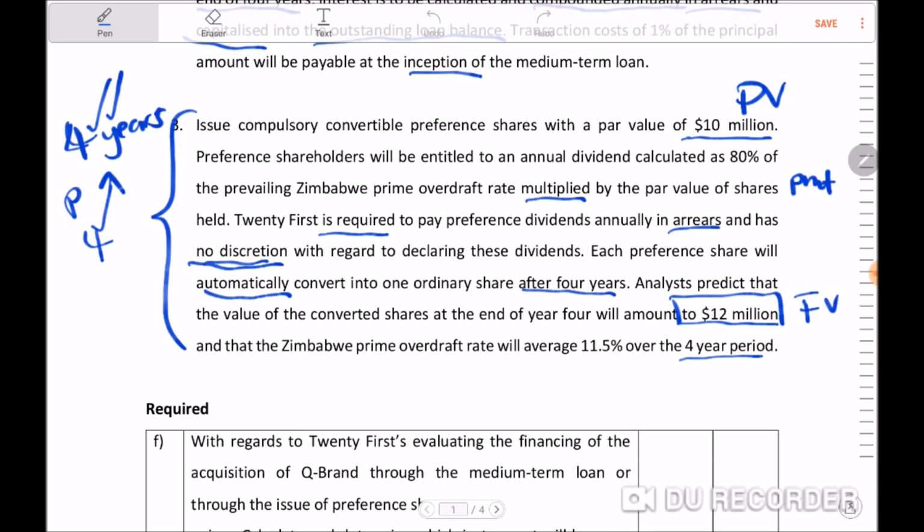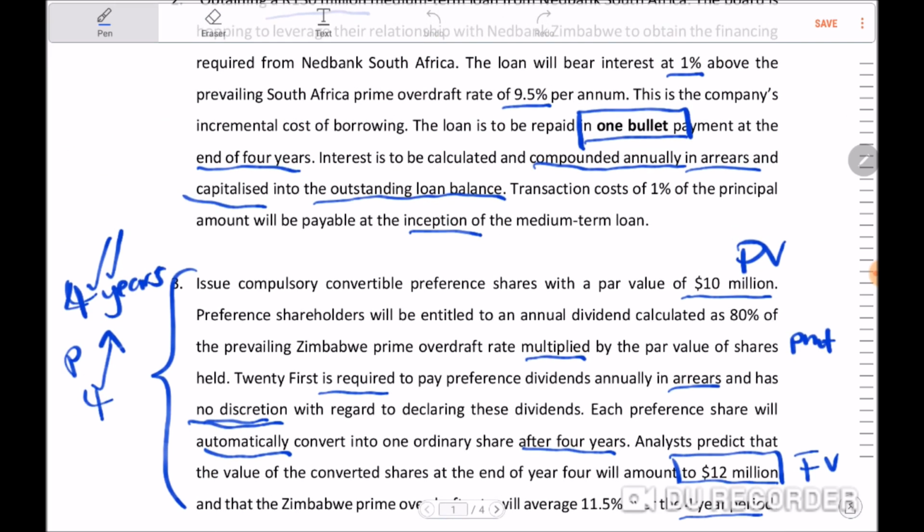Looking at the preference shareholders, both options, they are supposed to pay for the loan in interest payment, and for the preference shareholders a dividend payment, and these are mandatory payments. So will 21st have enough liquid resources to pay these cash flows?